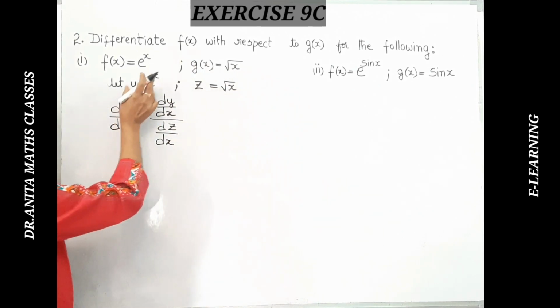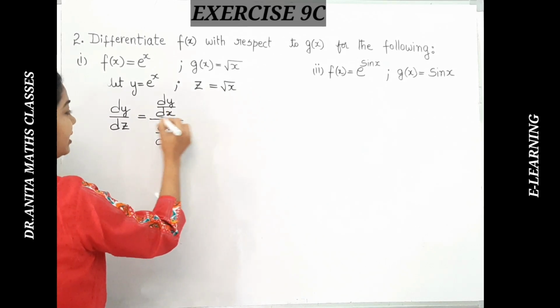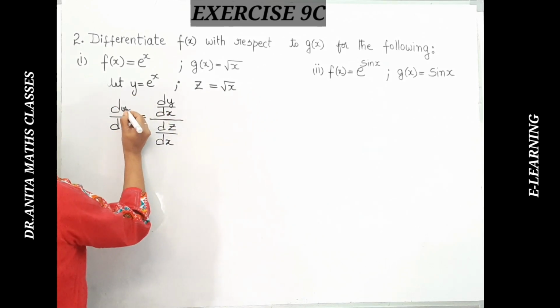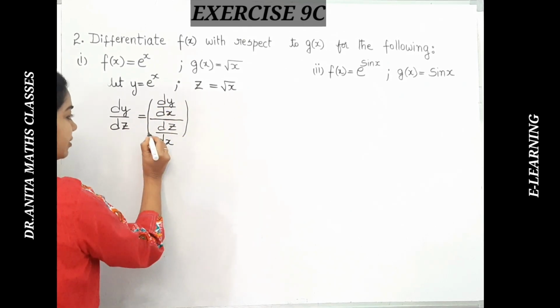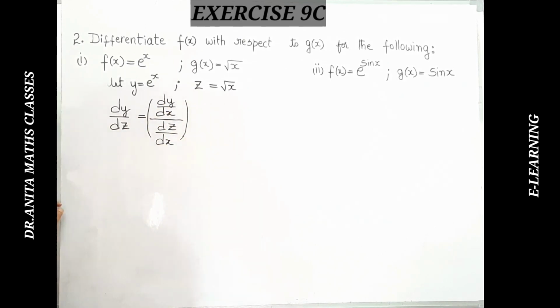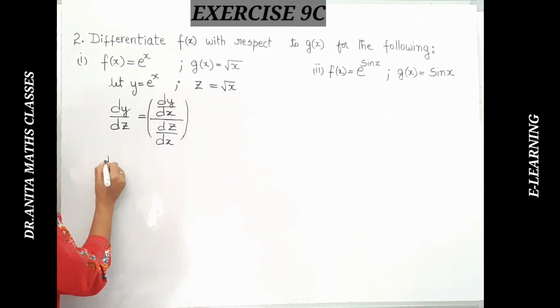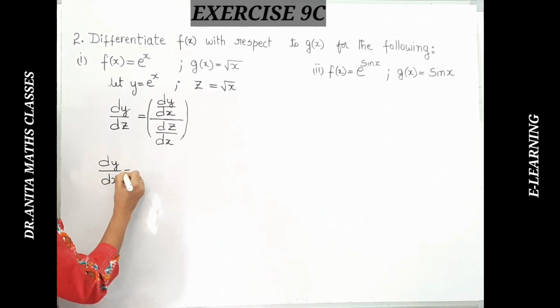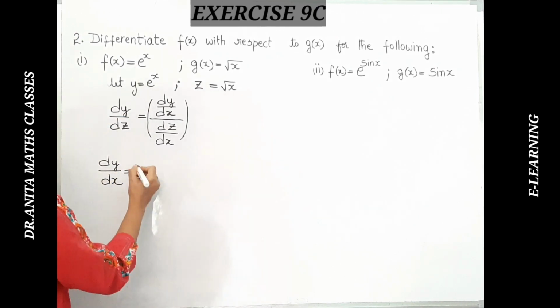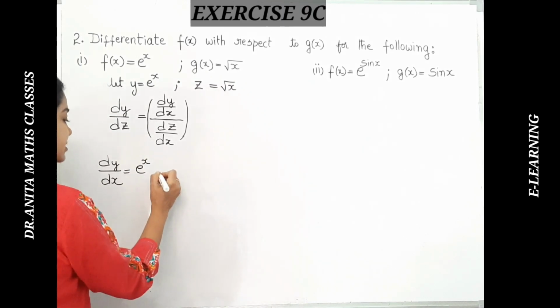So I am differentiating both separately first, then I will divide them so that I get dy by dz. Now here we know y. So how much is the differentiation of the y function with respect to x? dy by dx is just e to the power of x. Differentiation of the e function is just e to the power of x.